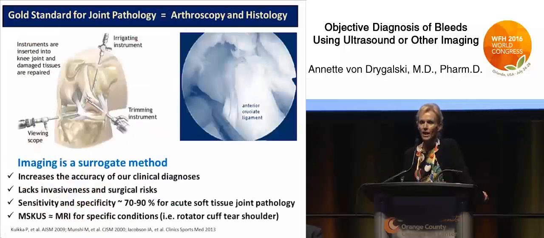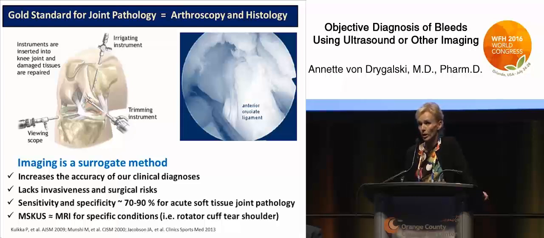So the gold standard for joint pathology is not imaging, it's actually arthroscopy and histology. Now, we cannot do that on every patient all the time, and this is why we invented imaging. But imaging, no matter which imaging, is a surrogate method. It increases the accuracy of our clinical diagnoses, it lacks invasiveness and surgical risks, but the sensitivity and specificity of any kind of imaging is only 70 to 90% of acute soft tissue joint pathology.